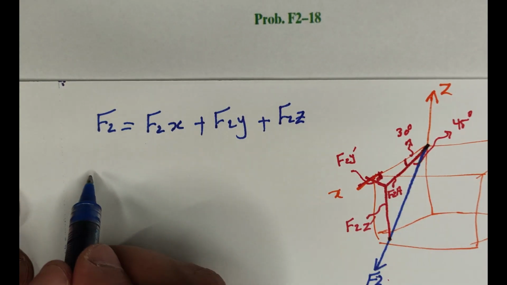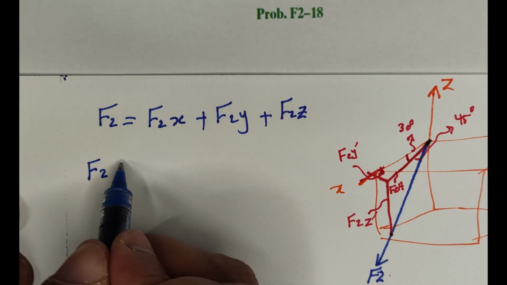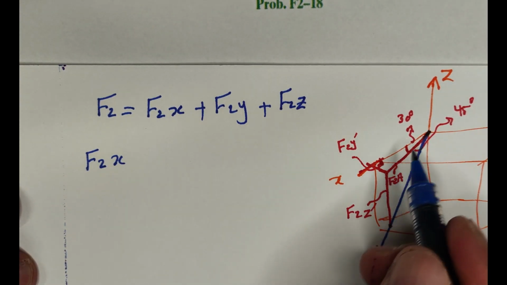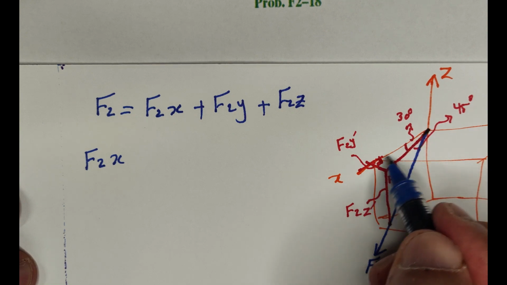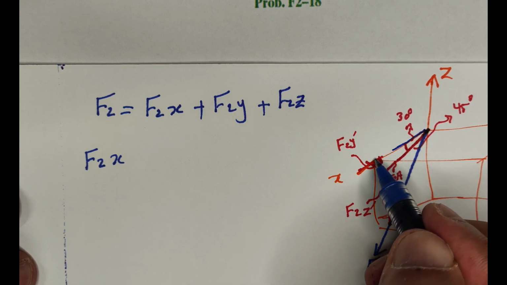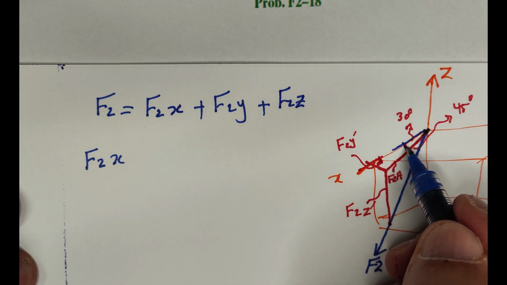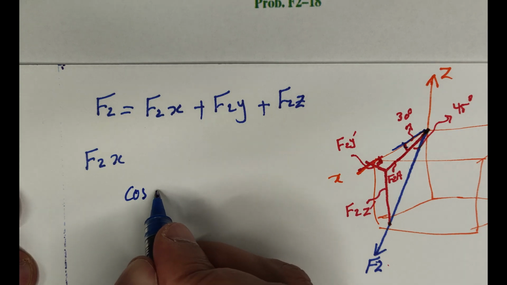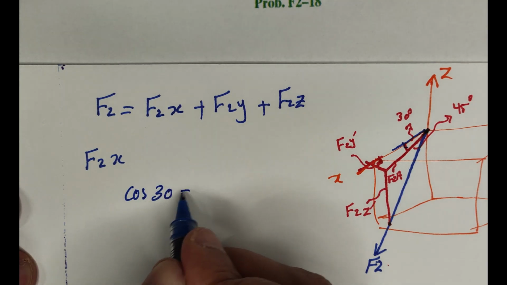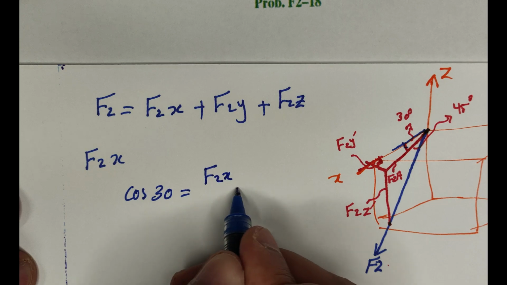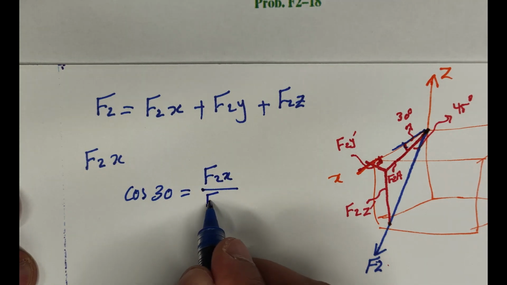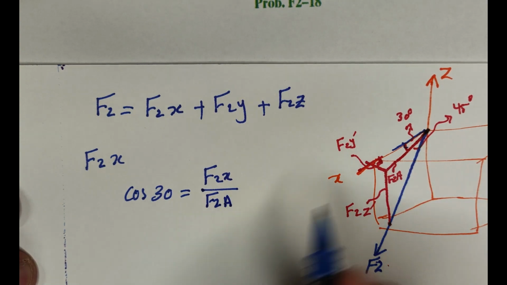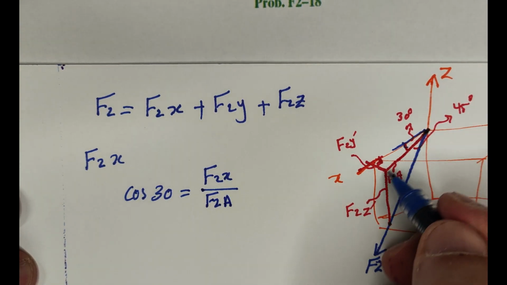Solving first for F2 on the x-axis, since we have this component in here and we have this theta, we can say cos 30 equals F2 on the x direction divided by the hypotenuse, which is F2a.